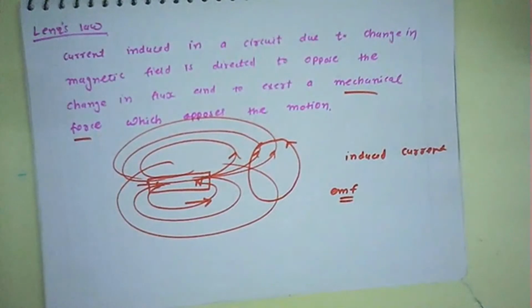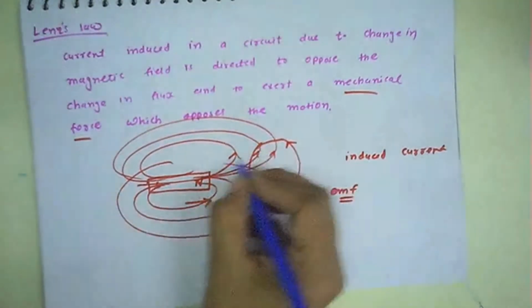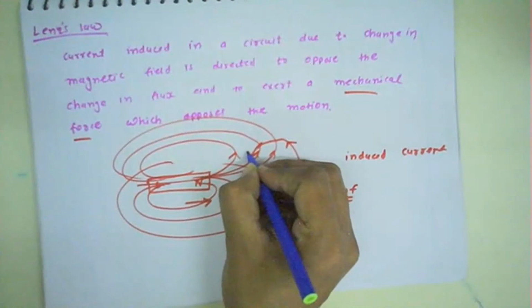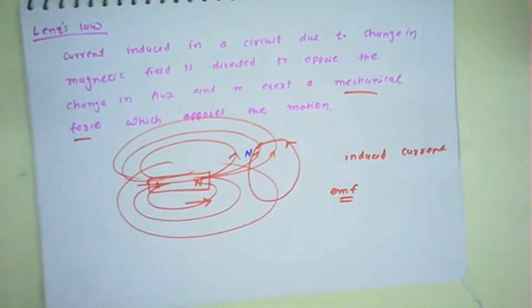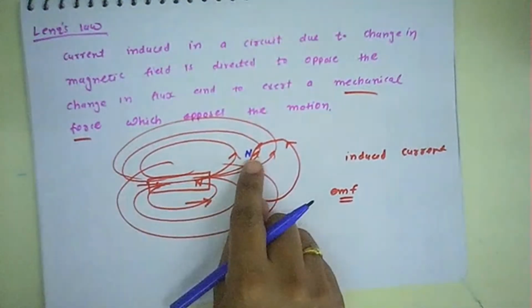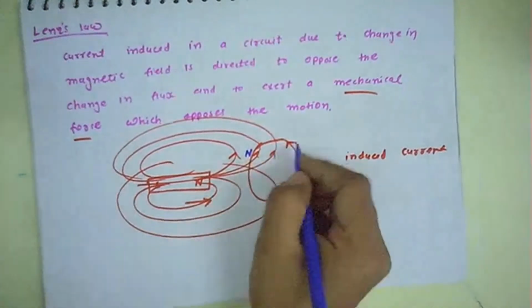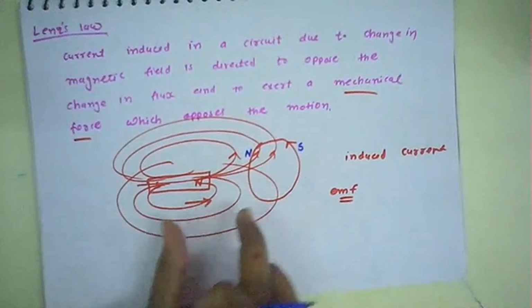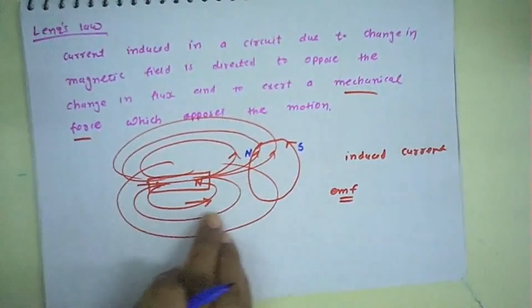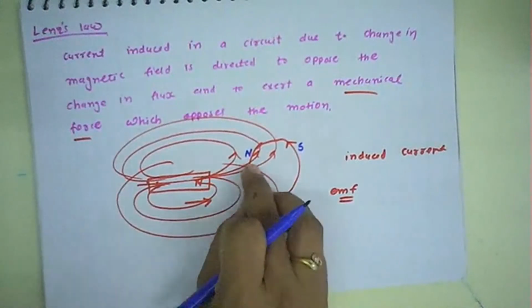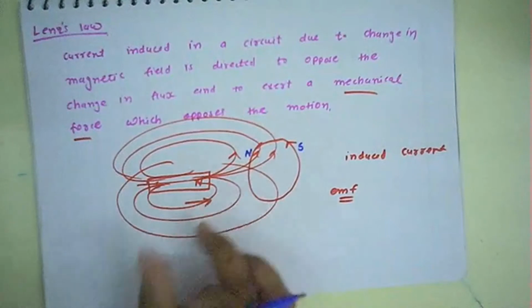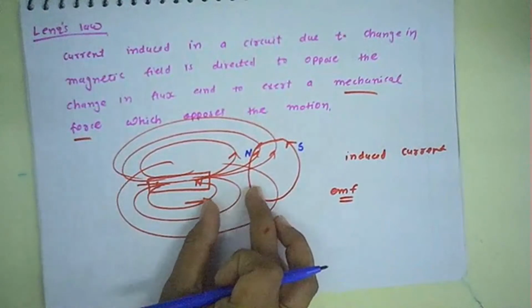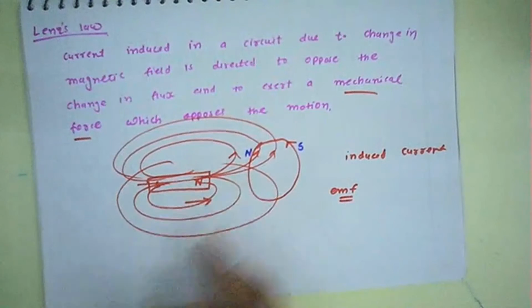It will apply the mechanical force in such a way that the loop face toward the magnet becomes the north pole, opposing the north pole of the magnet. So even as we move towards this loop, because of this mechanical force, it feels repulsion.